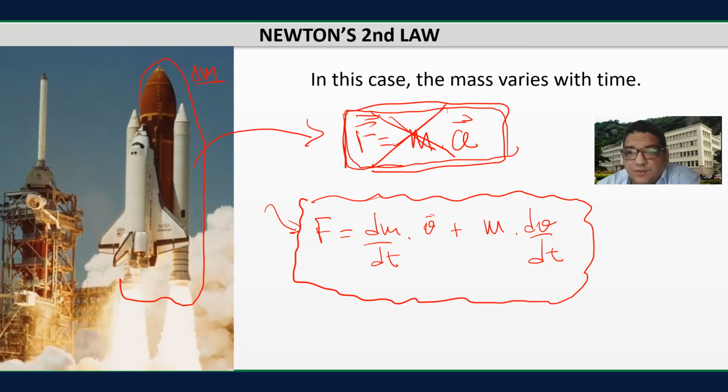But in another situation where my mass doesn't change, I don't have variation of the mass, like a stone, for instance. With a stone, I don't have mass variation, for example.